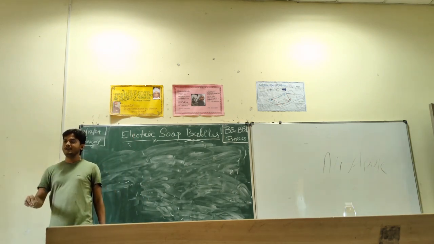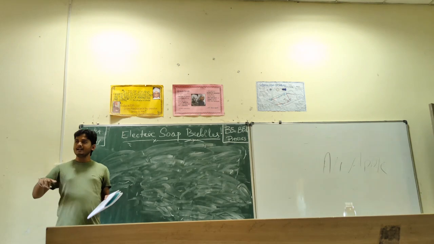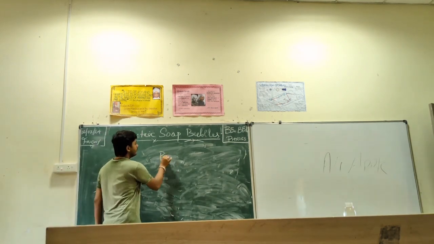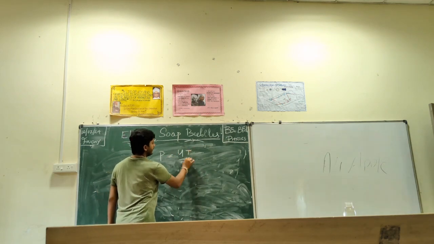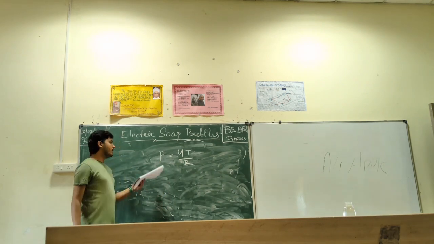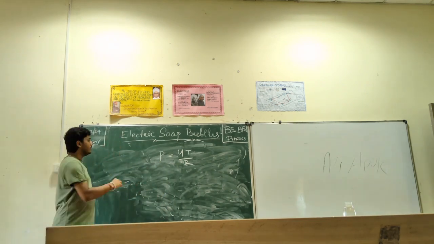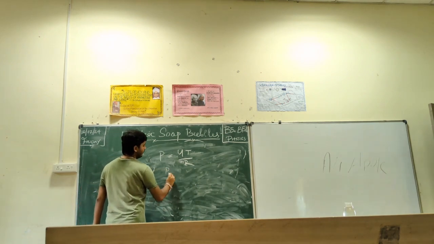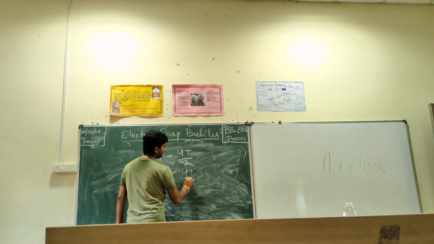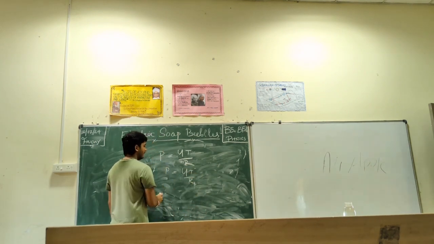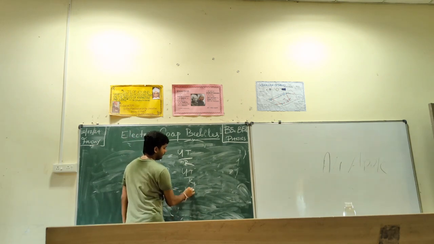We have to calculate the ratio of the radius of the first and second bubble. We know the expression for radius. So P equal to 4T by R. You know this one. So in the first bubble, P1 equal to 4T by radius R1, and in the second, P2 equal to 4T by R2.